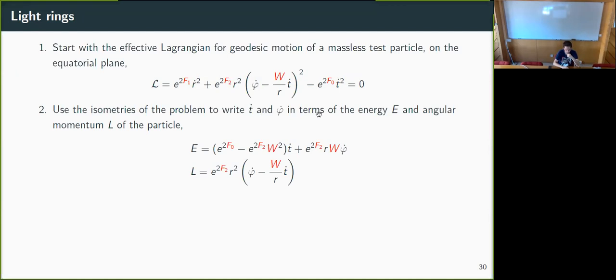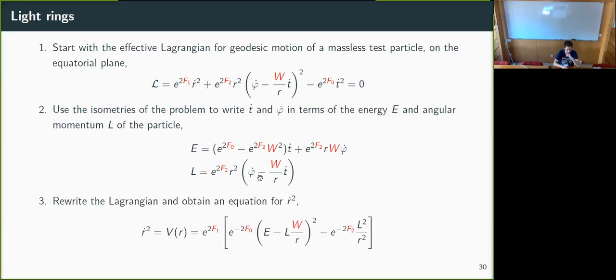You can write this in terms of the energy and the angular momentum of the particle. Then you put this back into the Lagrangian and obtain an equation for R dot squared. This will define a potential.